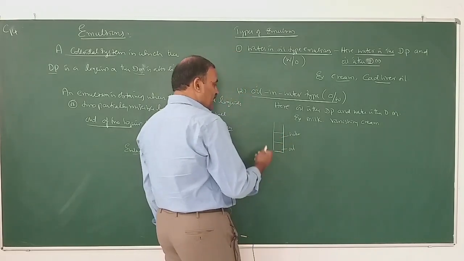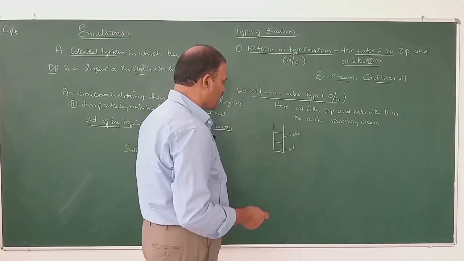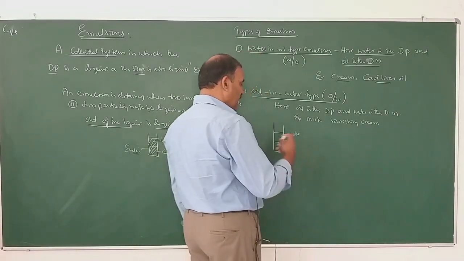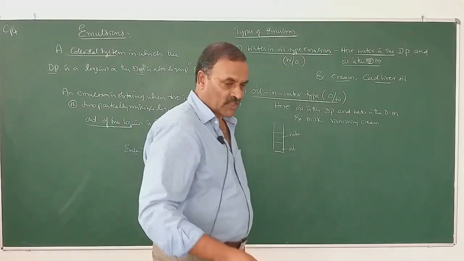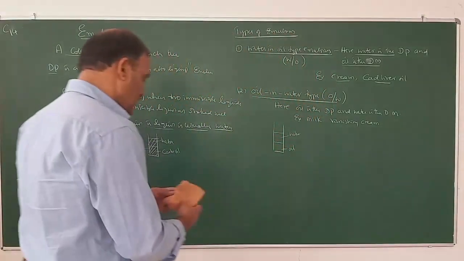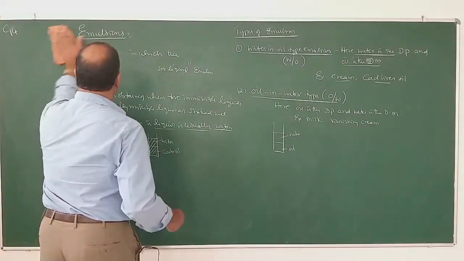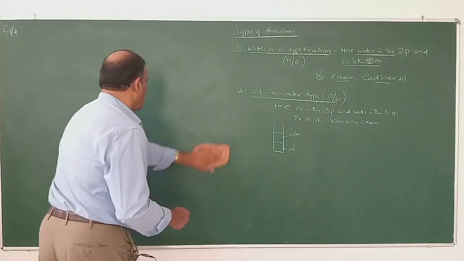So to increase the stability of an emulsion, we will use another substance called an emulsifier or emulsifying agent.